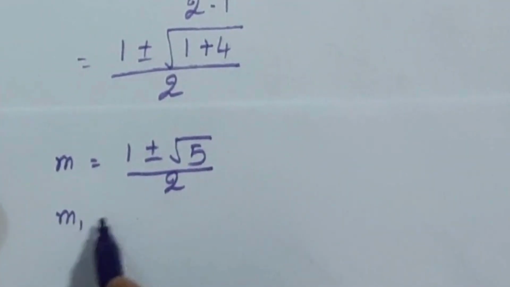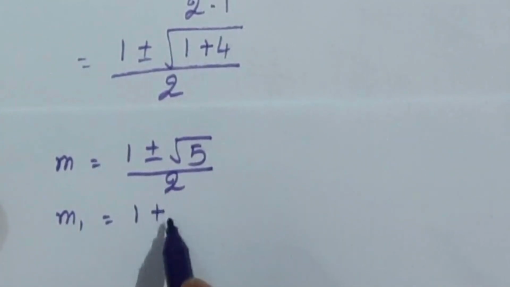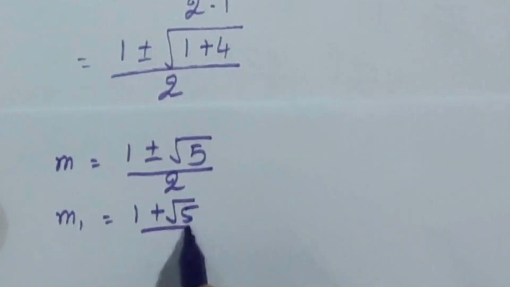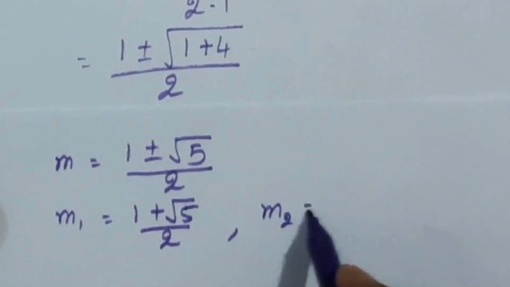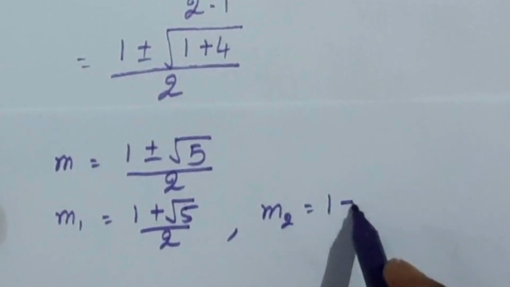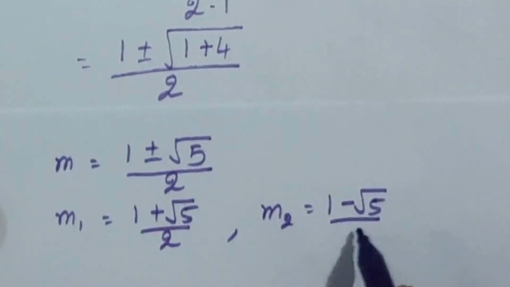Here m1 equal to (1 plus square root of 5) by 2, m2 equal to (1 minus square root of 5) by 2.